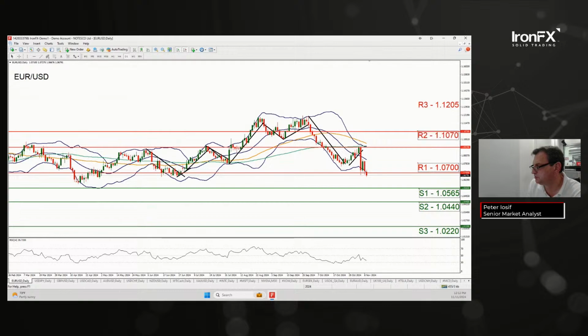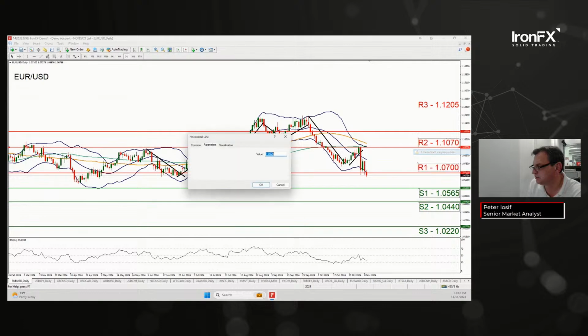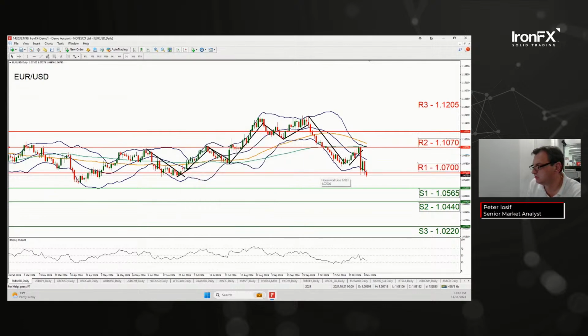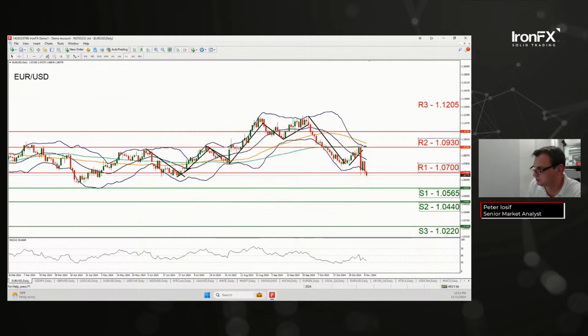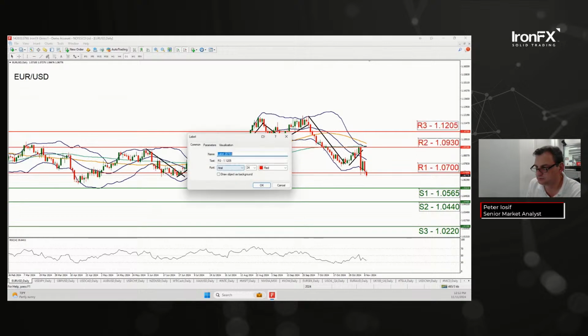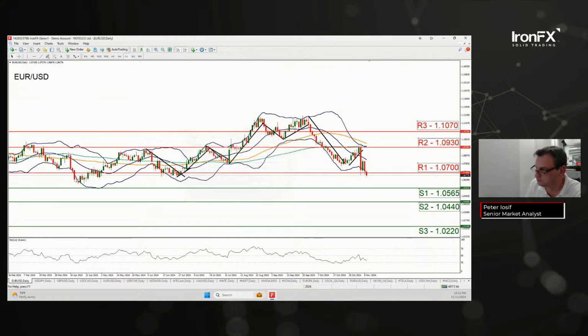The R2 at 1.0930. And the R3 at 1.1070. Locking everything in.